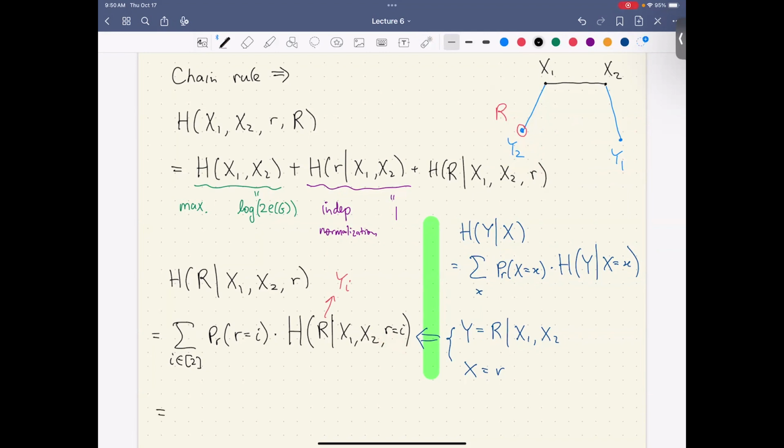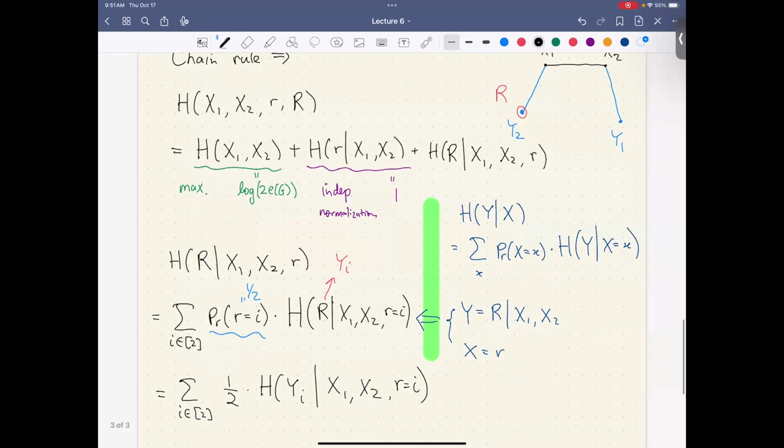And furthermore, this probability is 1/2 for each i, since little r is uniformly distributed. So now we can write it as the sum over i from 1 to 2 of 1/2 times the entropy of yi conditioned on x1, x2, and r equals i.